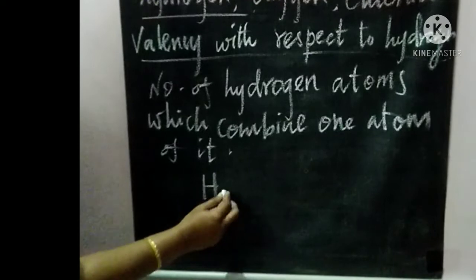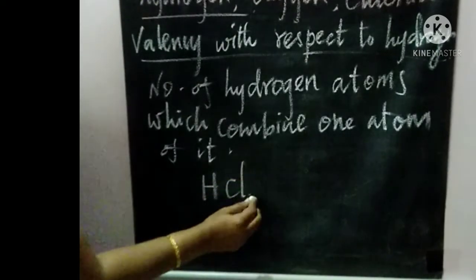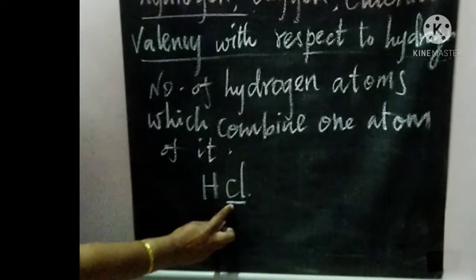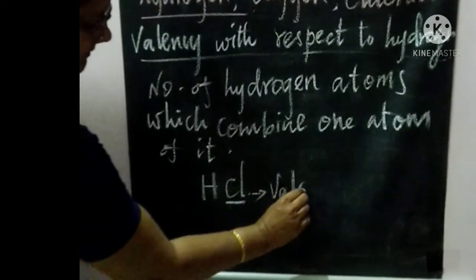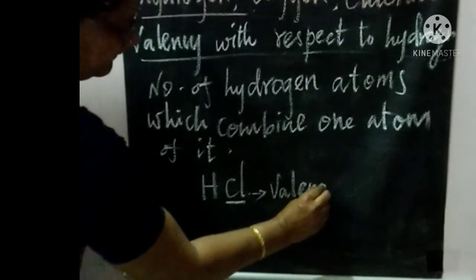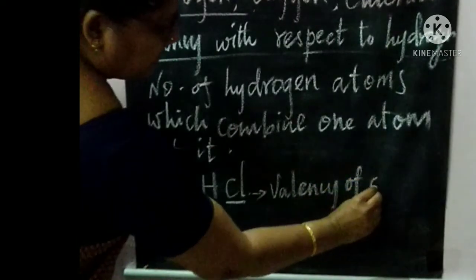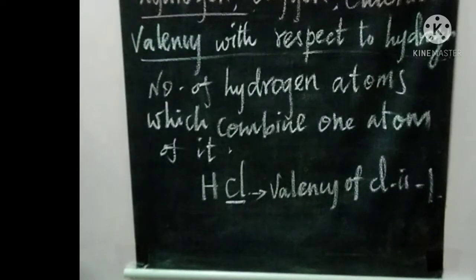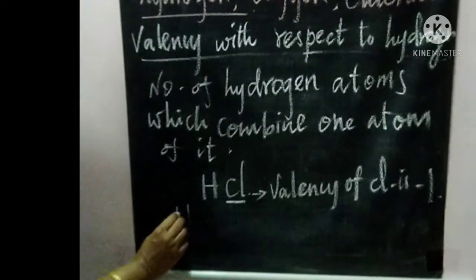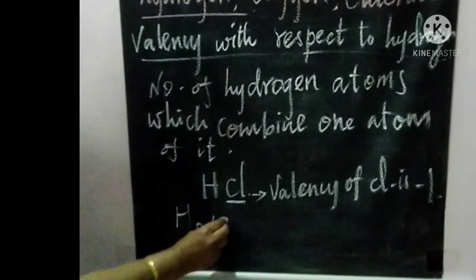Only one hydrogen atom can combine with one chlorine atom. So what is the valency of chlorine? The valency of chlorine is 1. In the same way, another compound, water. What is the molecule of water? H2O.